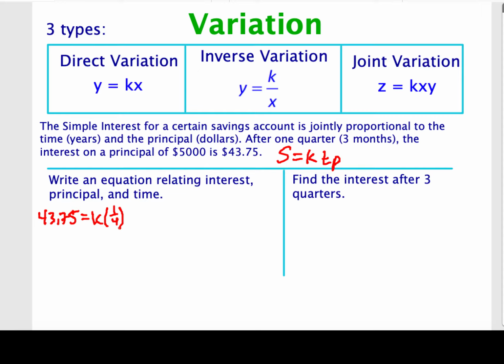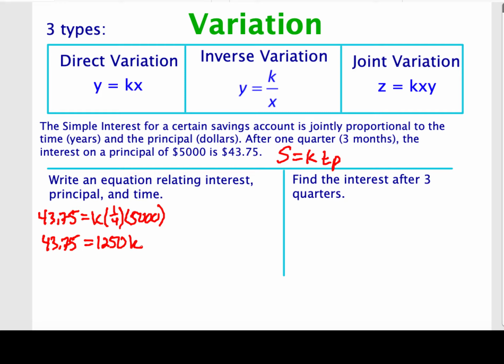And the principal was $5,000. So very simply, 1/4 of 5,000 is going to be 1,250.